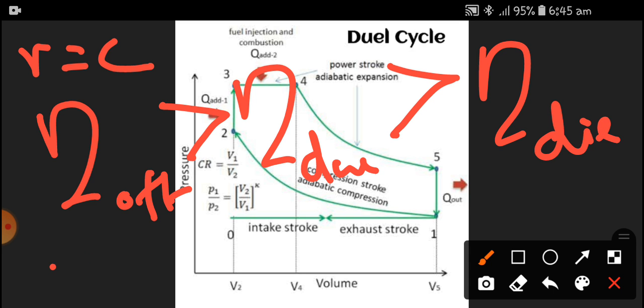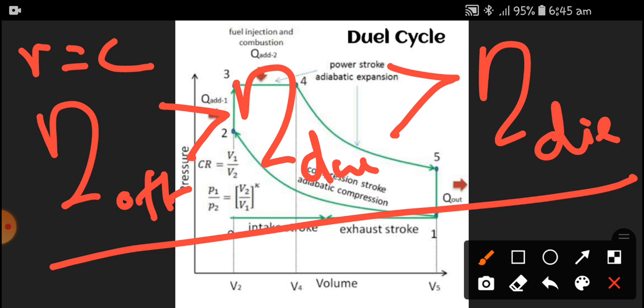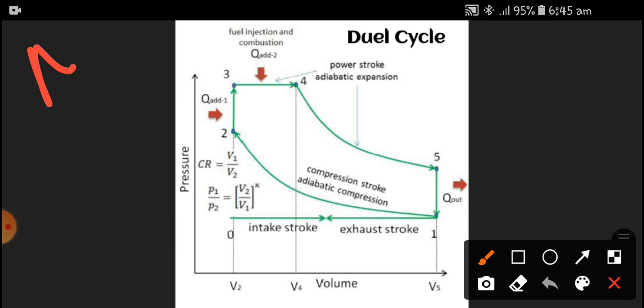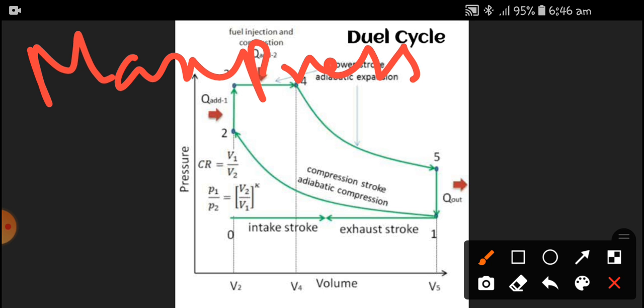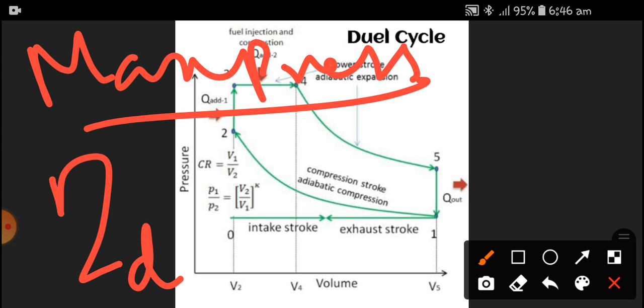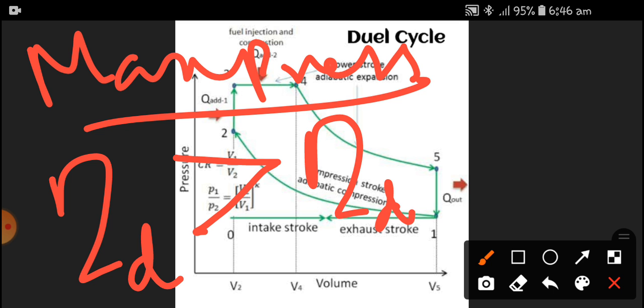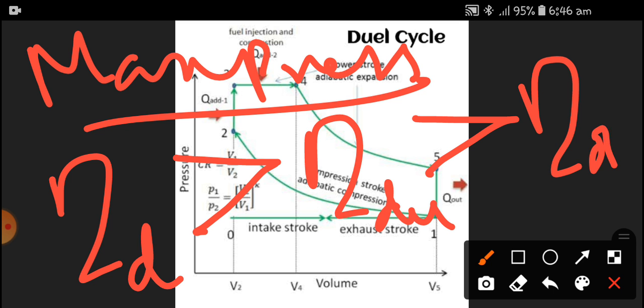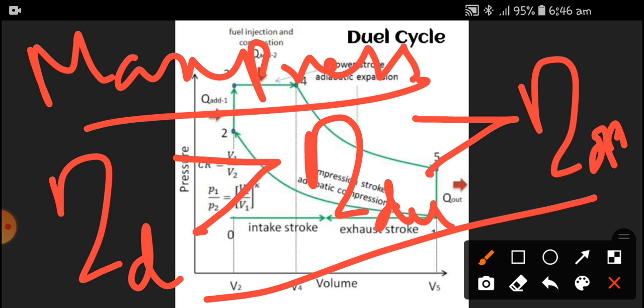You have to remember this relation: at the same compression ratio, the Otto cycle will produce more efficiency than the dual and diesel cycles. And at the same maximum pressure, the diesel cycle produces more efficiency than the dual cycle, and more than the Otto cycle. So this relation you have to remember. For maximum pressure, the diesel cycle produces more efficiency. If the compression ratio is the same, the Otto cycle will produce more efficiency.